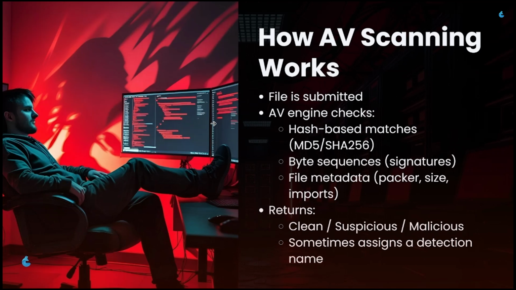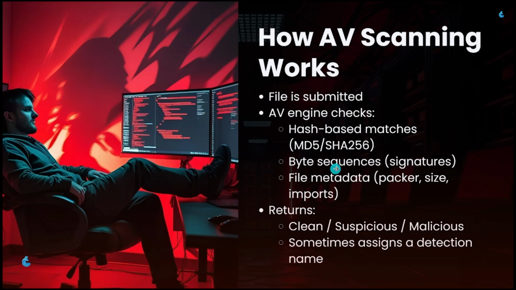Now we'll have a look at how antivirus scanning actually works. First, when a file is scanned, the antivirus engine checks multiple characteristics. It compares hash values such as MD5, SHA-1 or SHA-256 to a database of known malicious file hashes. It analyzes byte sequences, also called signatures, which are unique code patterns present in specific malware families.